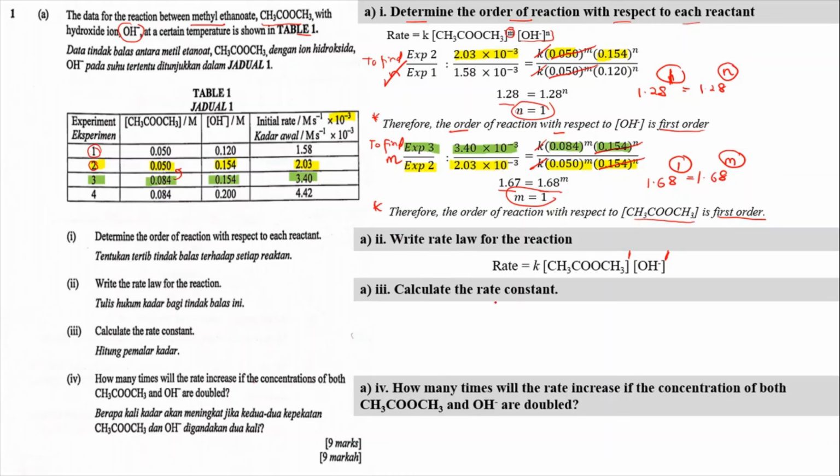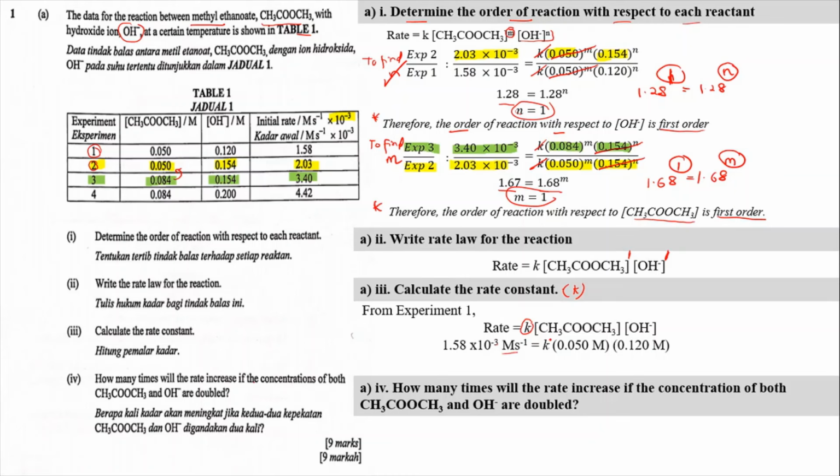Now we need to calculate the rate constant. So in order to calculate the rate constant, we need to use our rate law again. Okay, so in order to find the rate constant, our rate constant is K. Okay, the rate constant earlier refers to K. Okay, so we can choose any experiment, but for this case, I'm going to use experiment number 1. So from experiment number 1, the initial rate is going to be 1.58 times 10 to the power of negative 3 molar per second.